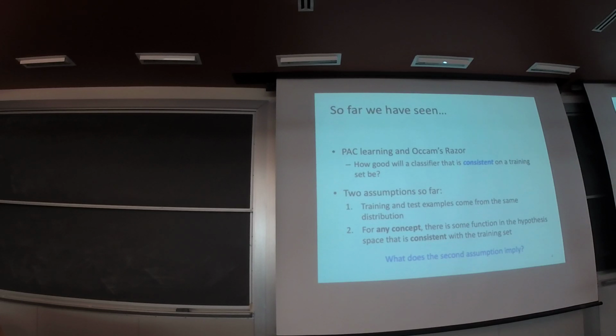In other words, for any target function, for any training data, right, you can always find a hypothesis in our hypothesis space such that it can correctly predict every training example, zero training error. So what does this assumption imply? Any suggestion? What does the assumption imply?